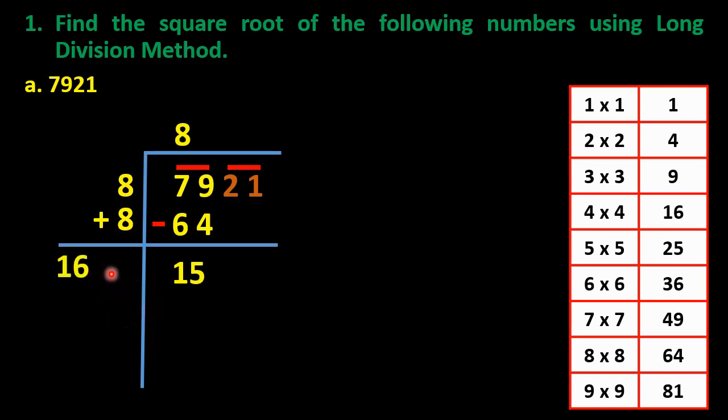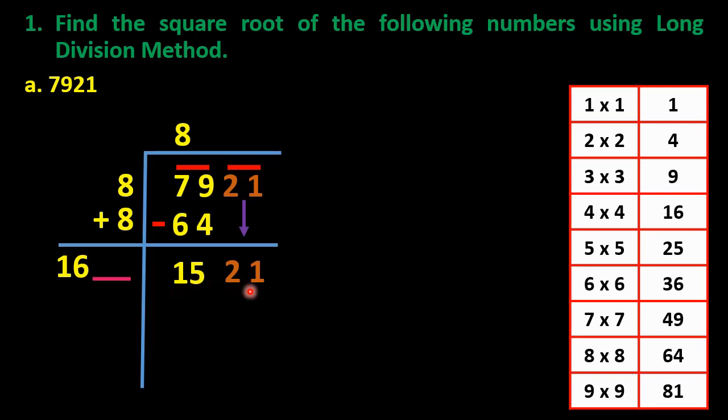And here you have to leave some gap, which means some number is to be placed here. And then we bring down the second period, this 21, down here. We have to bring both the numbers which are under the bar. Now altogether it is 1521.